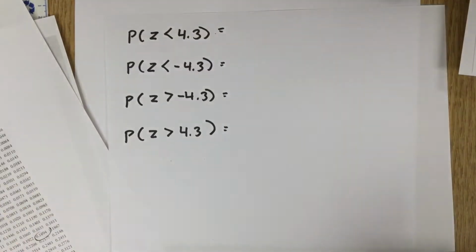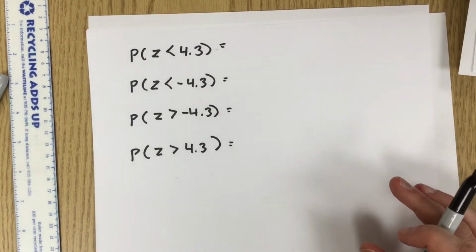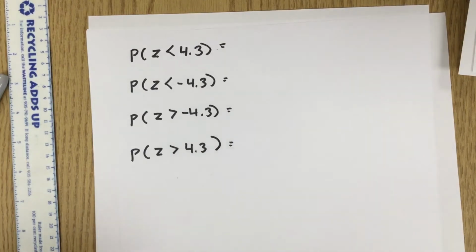But let's say we get some z values that are beyond that. So let's say we want to know what is the probability that z is less than 4.3.